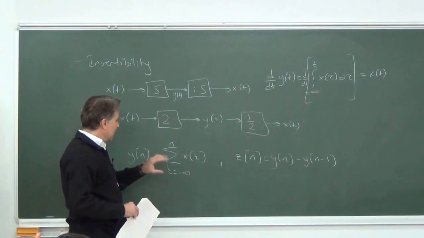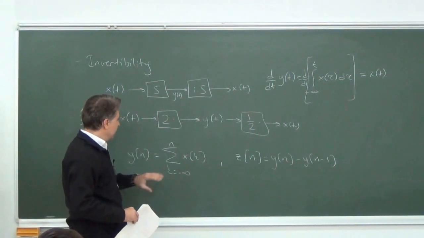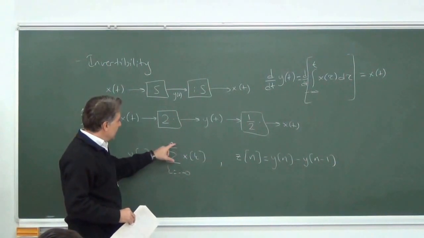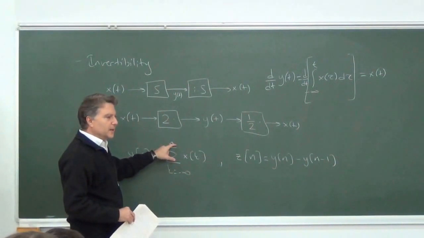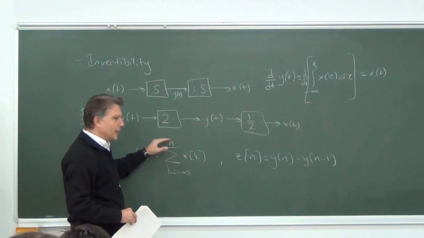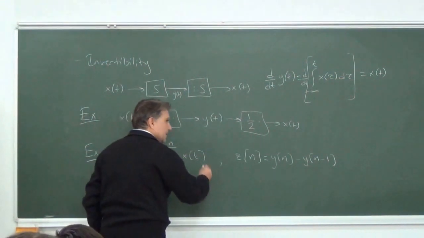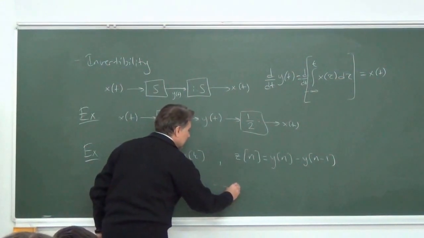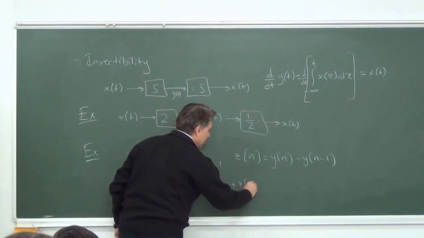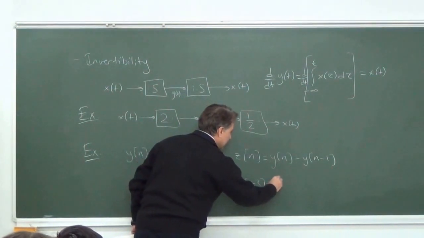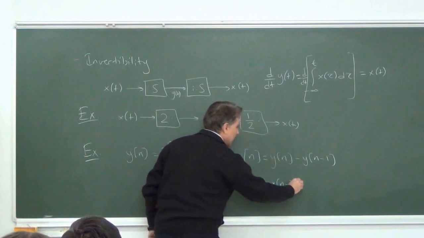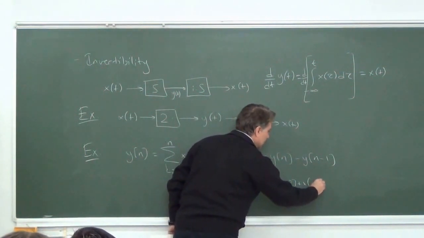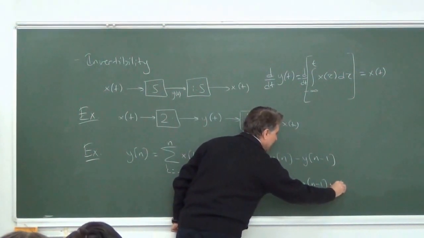Let me indicate how you should see it, then we give a 15 minute break. Here at the top, this one is the sum from minus infinity to n. So what is the summation? Dot dot dot plus x of n minus 3 plus x of n minus 2 plus x of n minus 1 plus x of n.